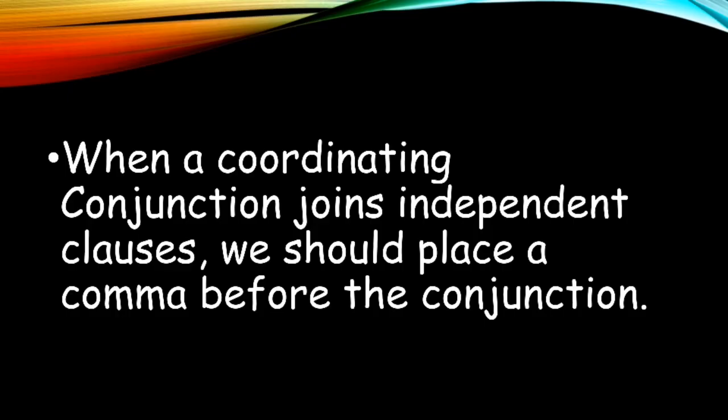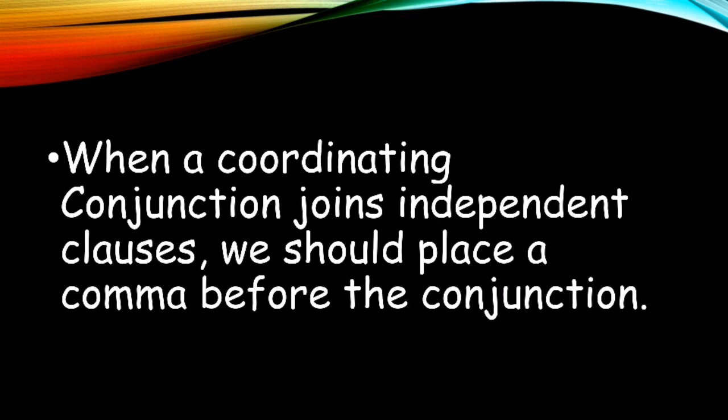Now one important note, students: when a coordinating conjunction, or you can say a coordinator, joins independent clauses. Now do you all know the meaning of independent? That when you are not dependent on someone. Independent means you don't need anyone for your help, right? That is independent. So when a coordinating conjunction is used for independent clauses, we put a comma before the conjunction.